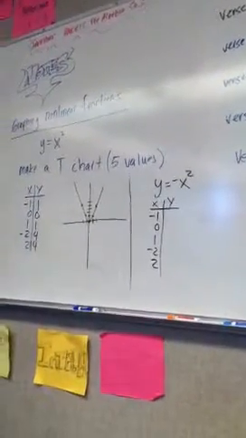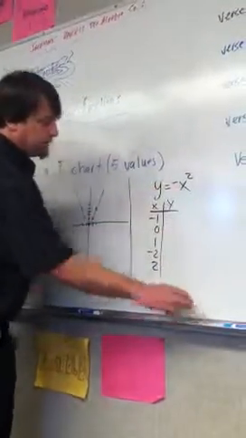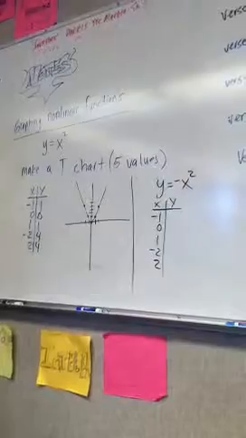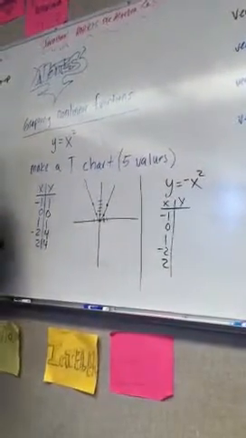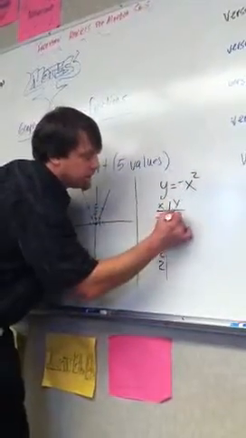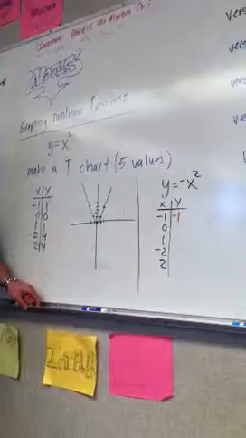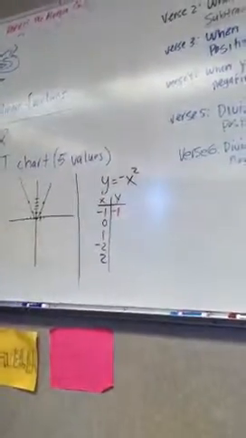Now this time we're going to square all of our values, but they are going to end up being negative. What is negative 1 squared? Positive 1. And what is a negative 1? It's a negative 1. Because first I squared negative 1 and I got positive 1, but all of my answers are going to have a negative in front of them.